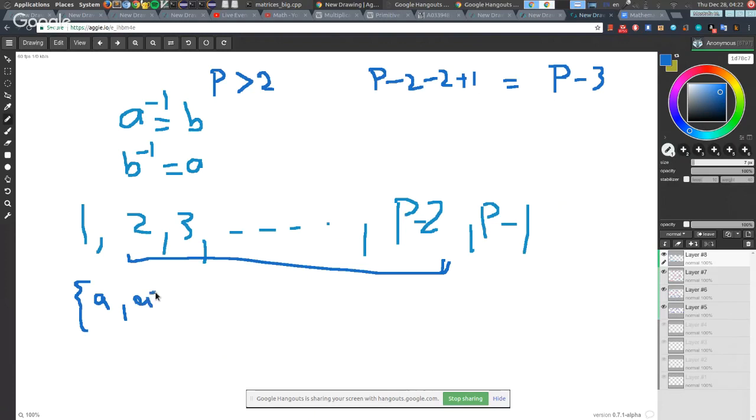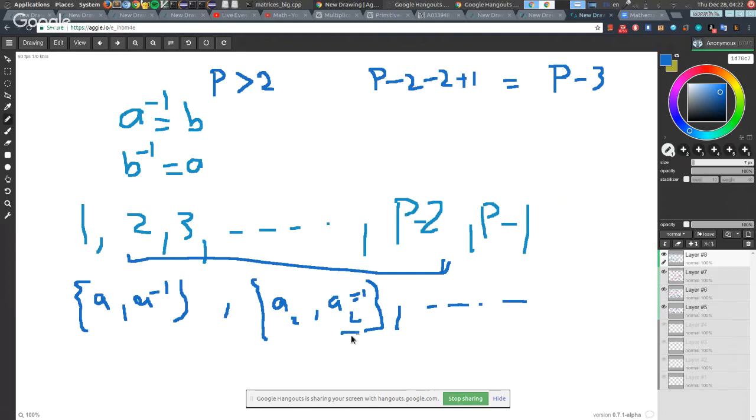We have an a inverse, and then some other a2 and its inverse, and so on. We can do this because there's exactly one inverse, and the inverse goes both ways.